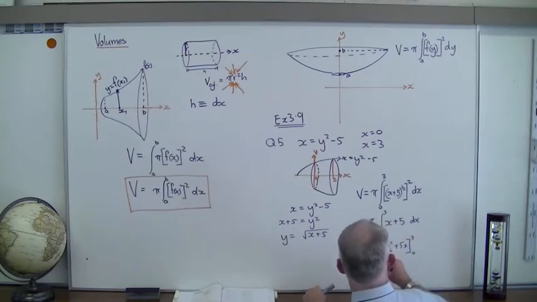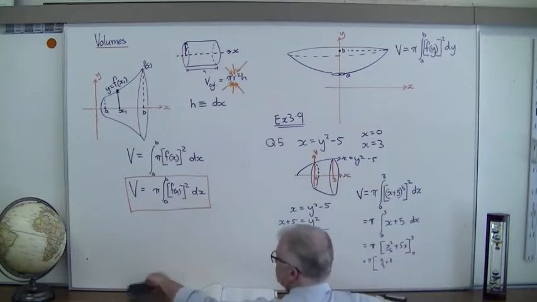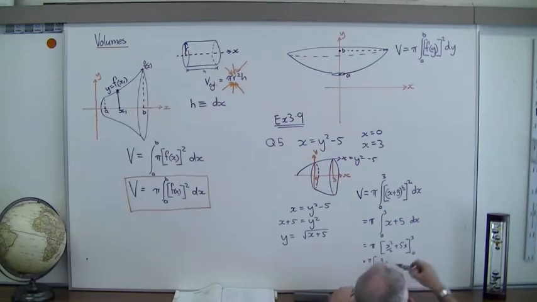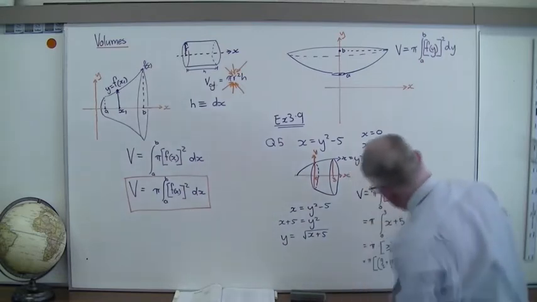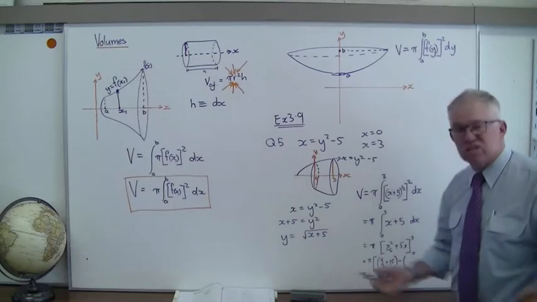And pi, in our final line of working, this will be 9 on 2 plus 15. Oh, 45. I'm not good at maths. 9 on 2 plus 15 minus, well, when you put x equals 0 into all of these bits, then you just get 0.